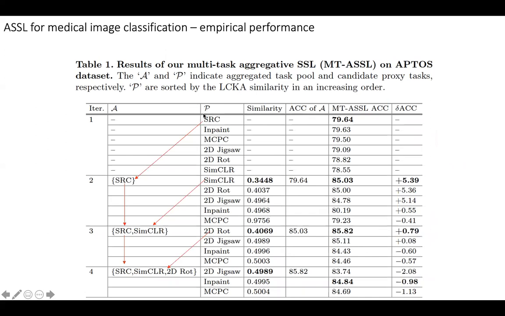In the pre-training process, we train the backbone for each of these proxy tasks, and then we do the evaluation on these proxy tasks. As you can see, for example, here the highest accuracy achieved is 79, and it is achieved by this SRC proxy task.